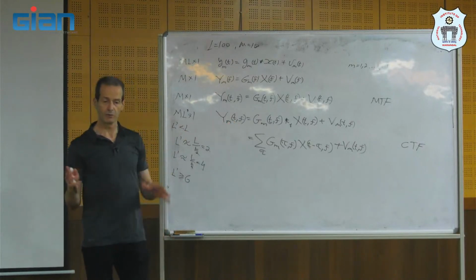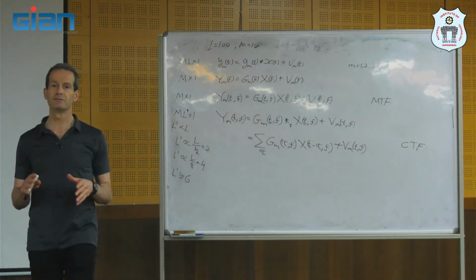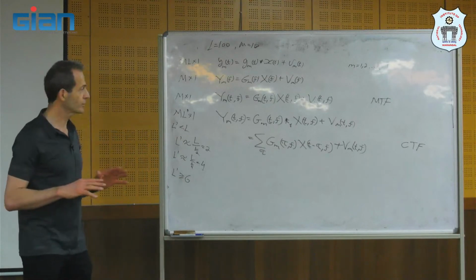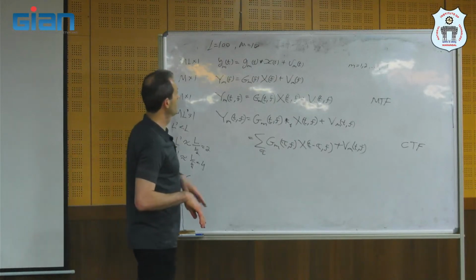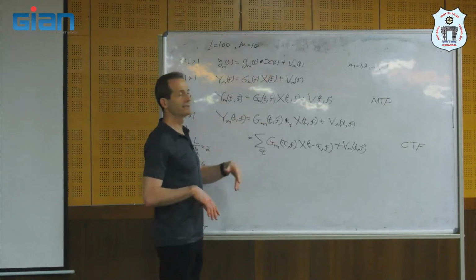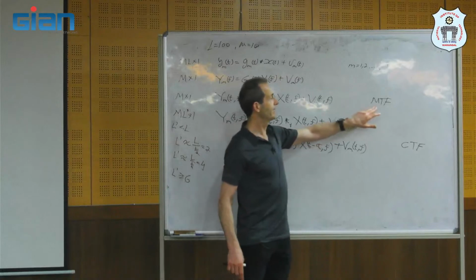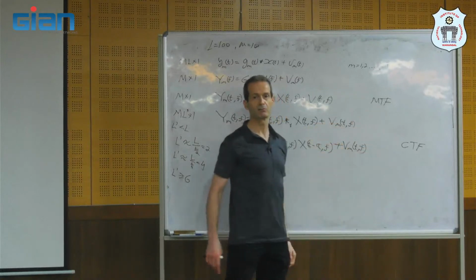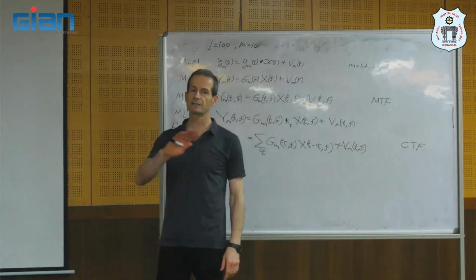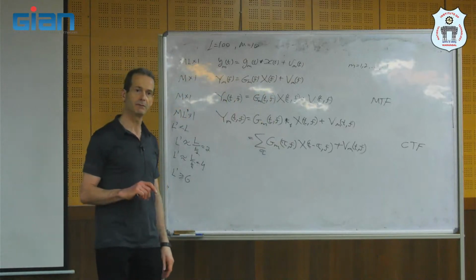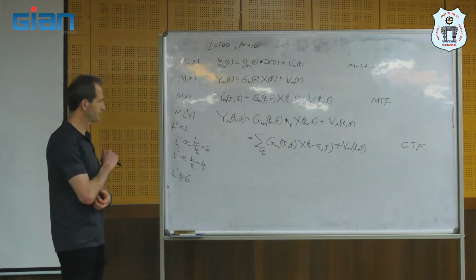If you want material, I can give you very nice papers that talk about linear models in the time frequency, in the STFT domain, and they talk about MTF approximation and CTF approximation. If you'd like to read about it, I can provide them to you.